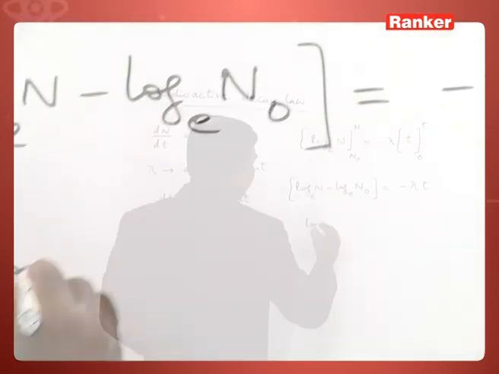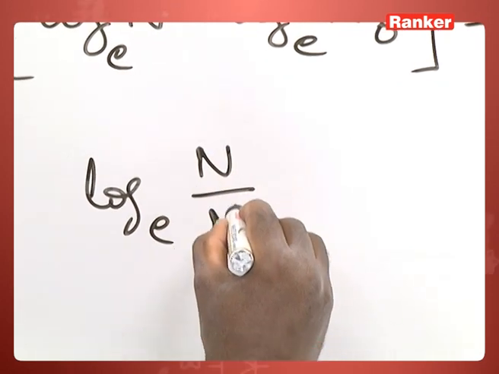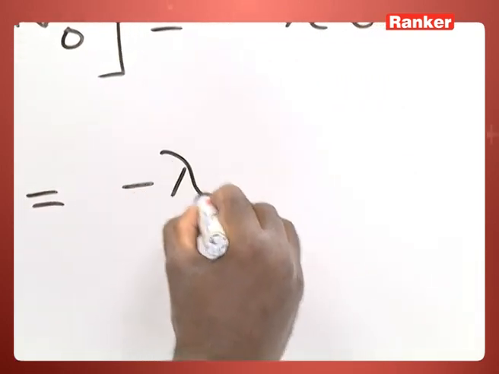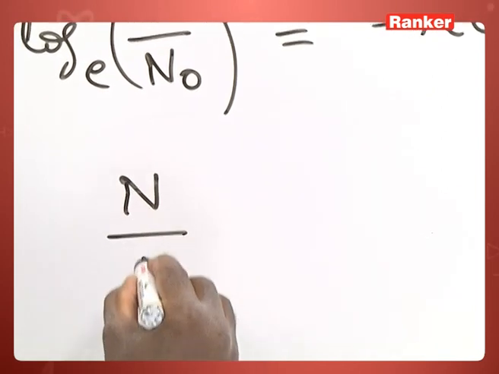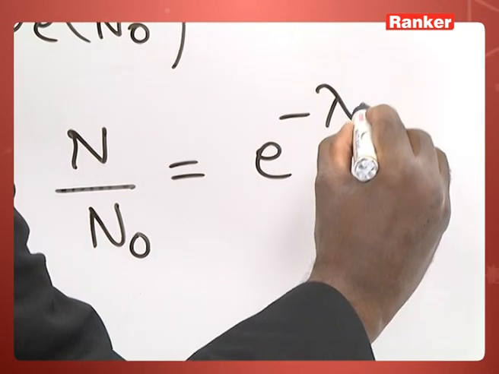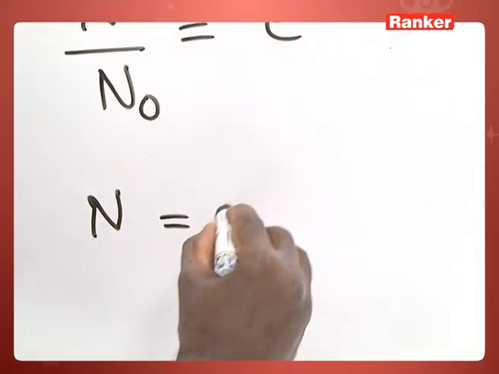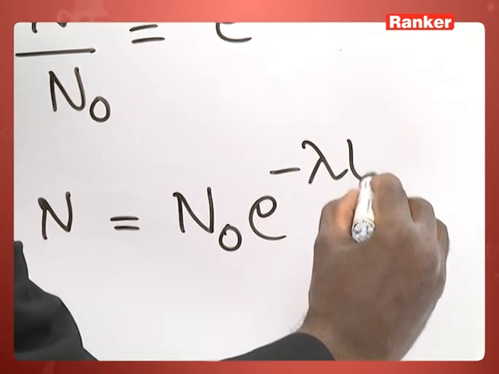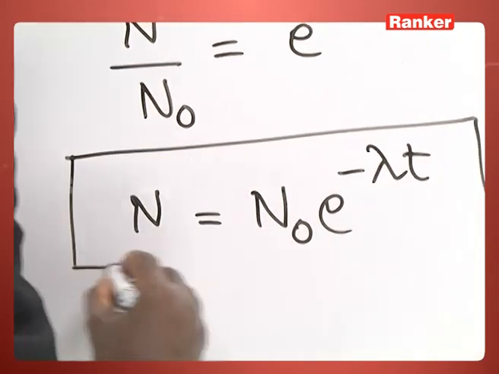You can write this as log e N by N naught is equal to minus lambda t. That implies N by N naught will be equal to e power minus lambda t, and N is equal to N naught e power minus lambda t. That is the required expression for us.